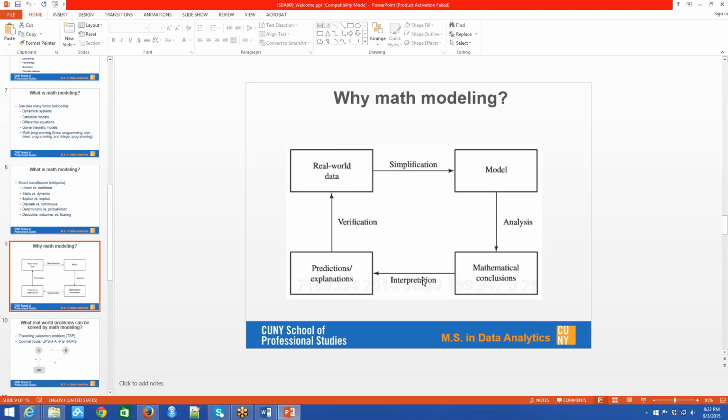So I think it's very important that, as you can imagine, for one problem, different people can come up with different models to model the same problem. In other words, the modeling form can be drastically different.